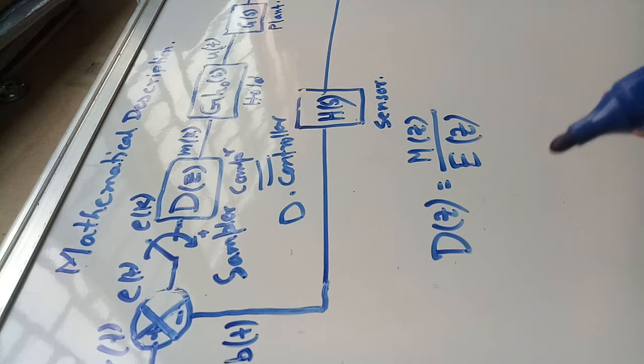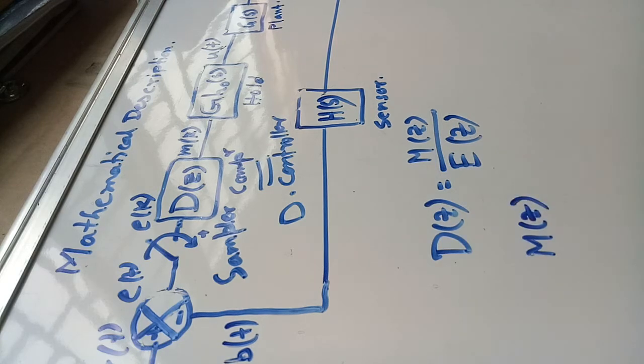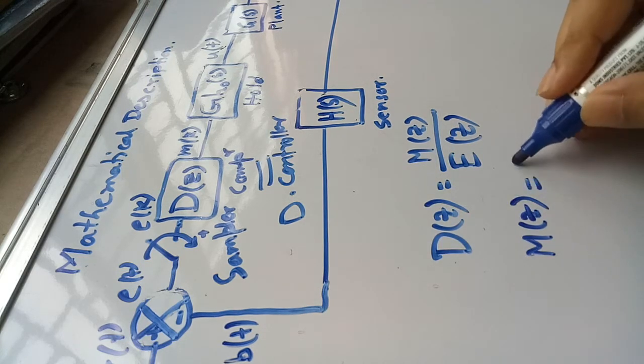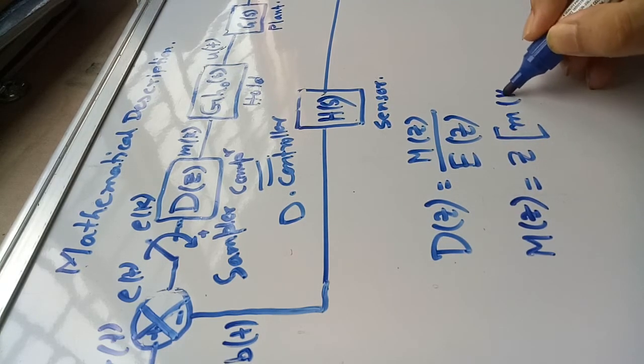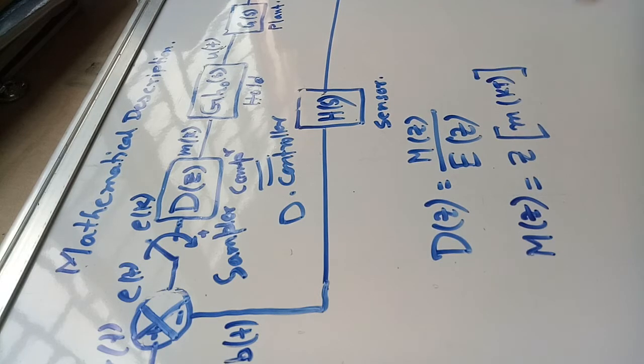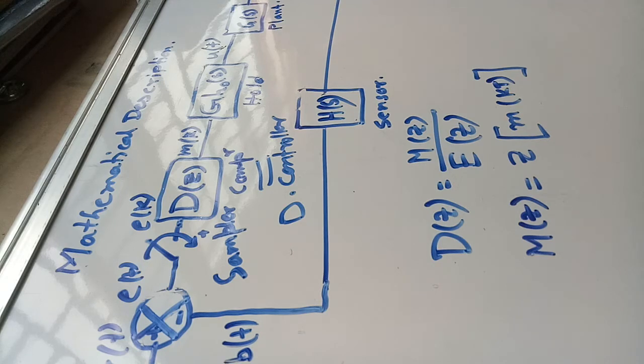Okay, now I am writing the expression for M of Z. What is M of Z? M of Z will be the Z transform of M of kT. Okay, T as I have told is the sampling period, and k is starting from 0, 1, 2, 3.